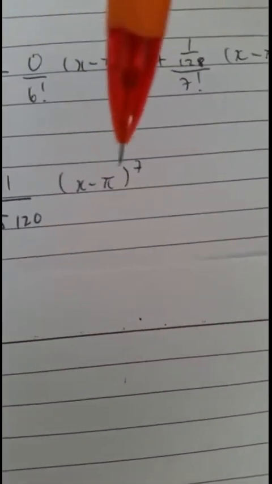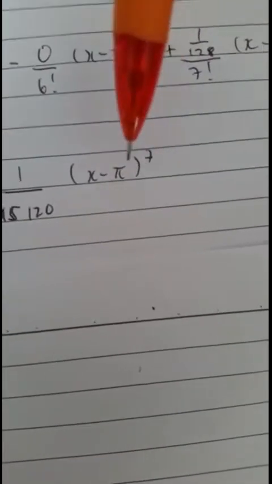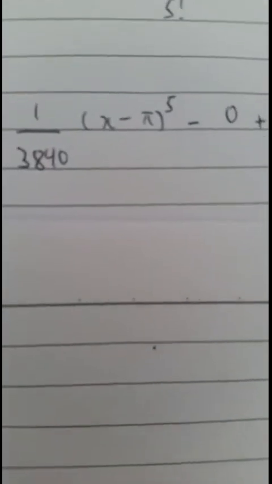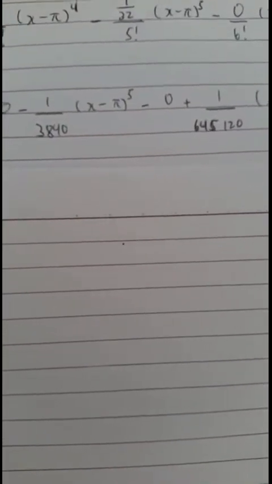Then bracket x minus pi bracket to the power 7. Then putting the other terms that I've obtained for the series brings us to the graph.